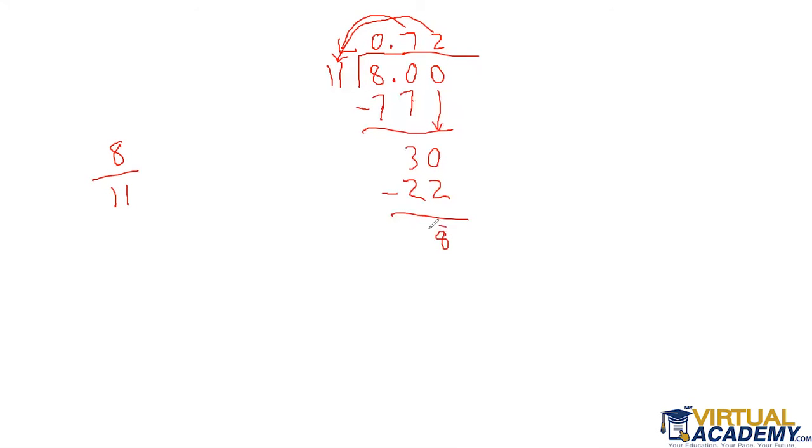Well, notice that we have 8 here, but we started off with 8 here, right? So this pattern's going to keep repeating. So the 7, 2 here will repeat, okay? So this entire pattern from here to here will keep repeating.